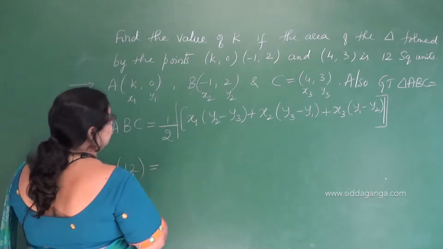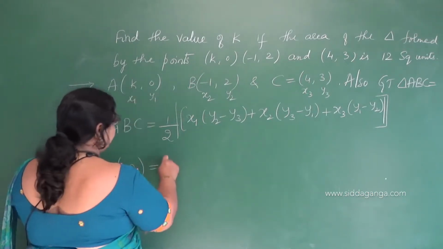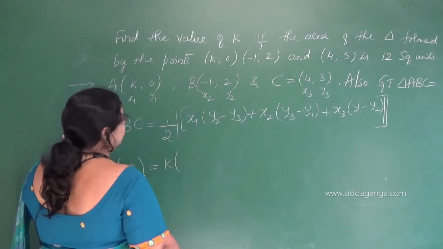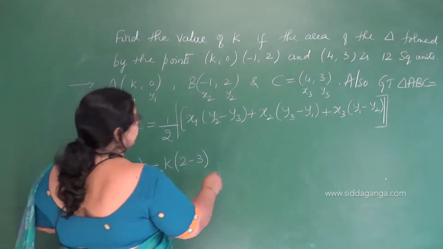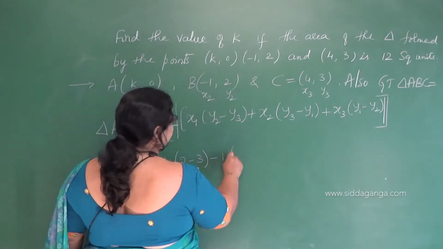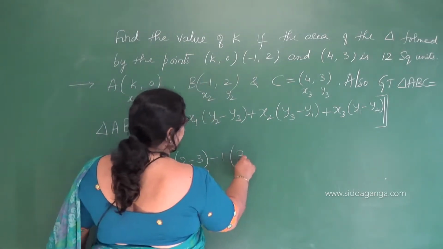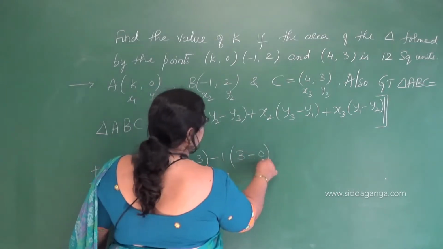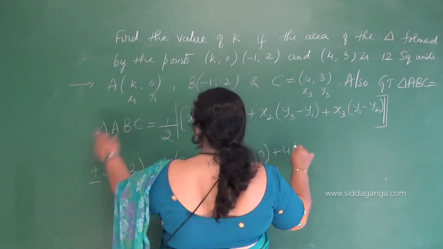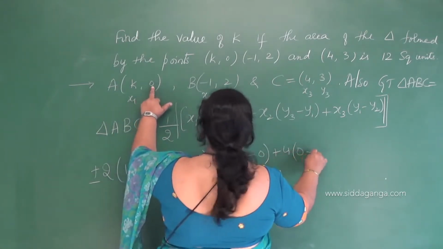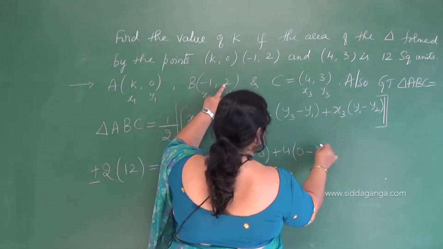That is equal to x1 value is k into (y2 minus y3), 2 minus 3. x2 is minus 1 into y3 value is 3 minus 0. x3 value is 4 into y1 value is 0 minus y2 value is 2.